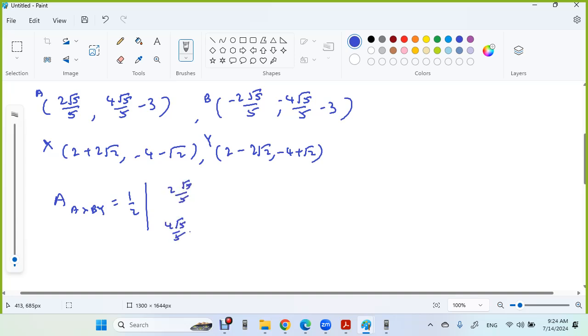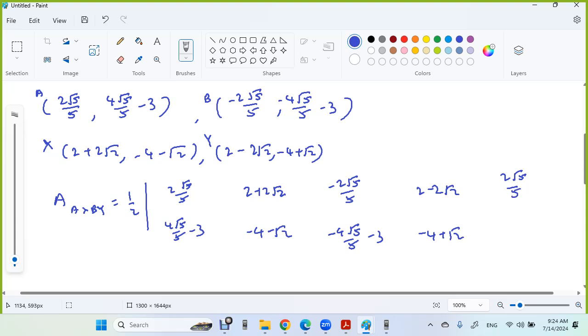2 square root 5 over 5, and then 4 square root 5 over 5 minus 3, and then X is 2 plus 2 square root 2, negative 4 minus square root 2, and then B is negative 2 square root 5 over 5, and then negative 4 square root 5 over 5 minus 3, and then we have 2 minus 2 square root 2, negative 4 plus square root 2, and then 2 square root 5 over 5, and 4 square root 5 over 5 minus 3.